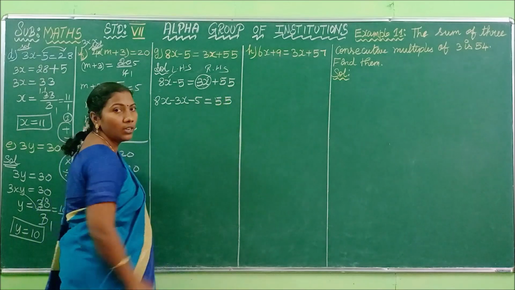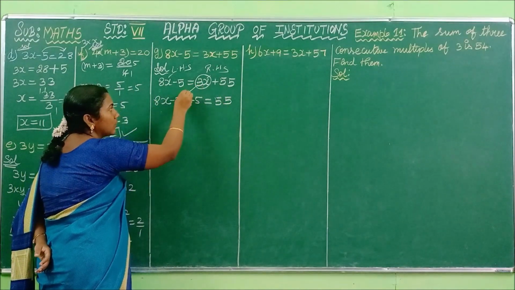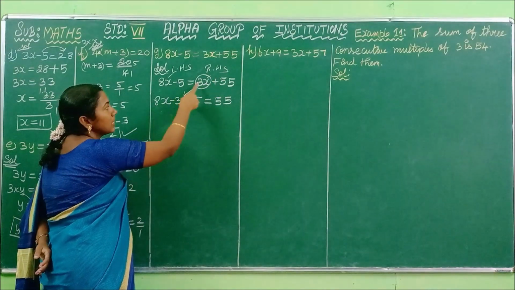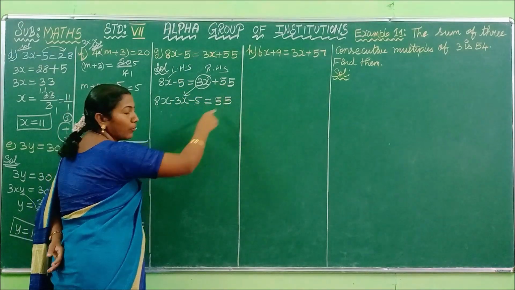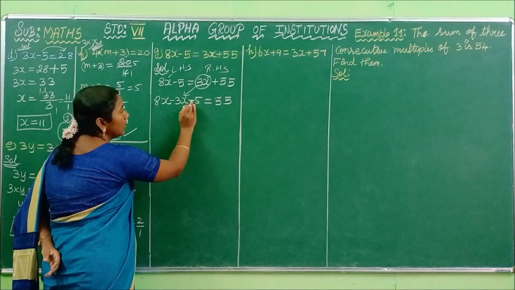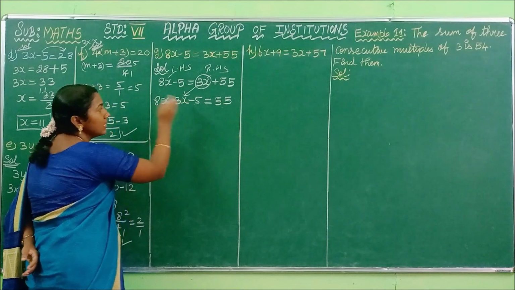Do you understand children? See here children, 8x. Now I am bringing 3x from RHS to LHS. 8x minus 3x. Writing minus 5 as it is, which is equal to 55. It's clear? Next, I am going to send this minus 5 to that side after evaluating this. 8x minus 3x.